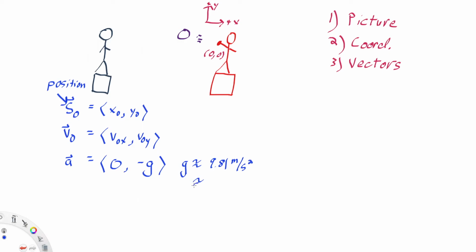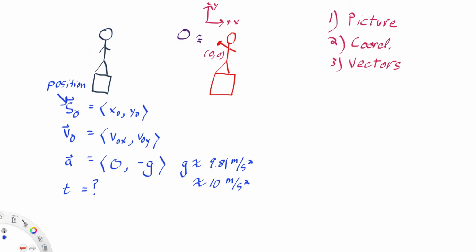I am almost certainly going to round this to 10. I know that makes me a dirty approximator, but I also don't want to have to pull out a calculator every time we do a problem. And then the last thing that it depends on is going to be time. How long do we let this thing move?